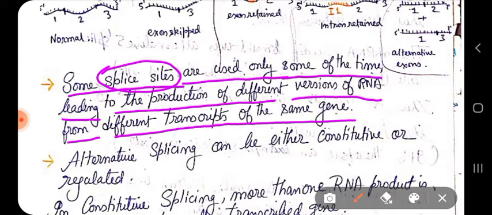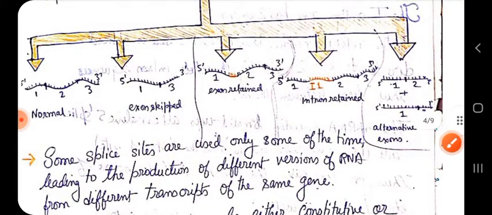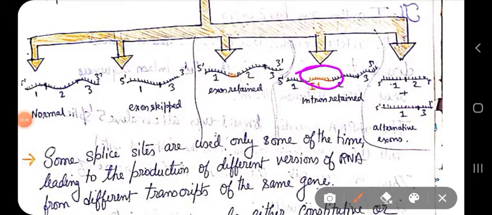Some of the splice sites are used at specific times, like during development or in different tissues, which leads to the production of different versions of RNA from different transcripts of the same gene. So that's why the splice sites are not used every time for the splicing process. That's why we have seen that some introns have been retained here. That means their 5' splice site and 3' splice site are non-functional at this time.